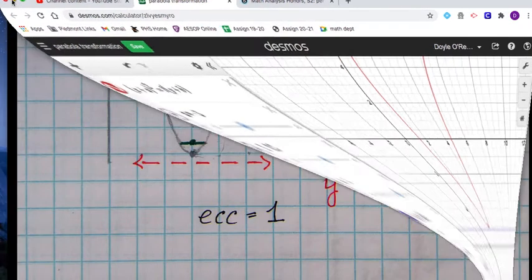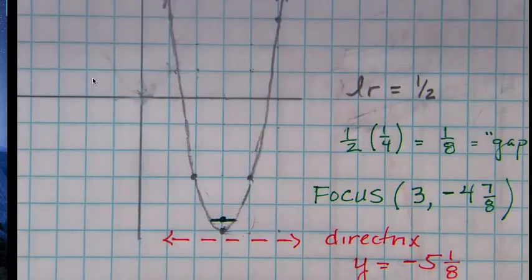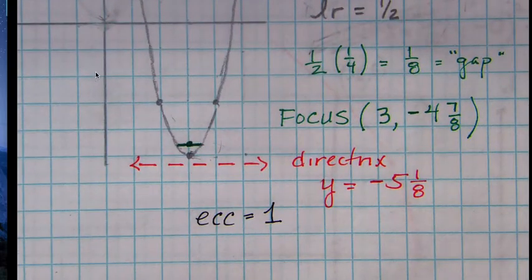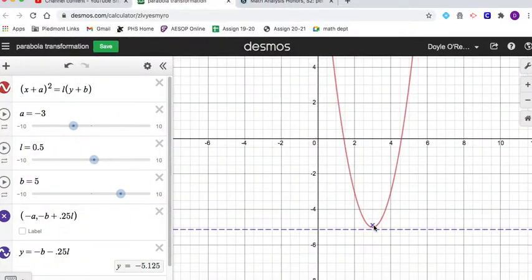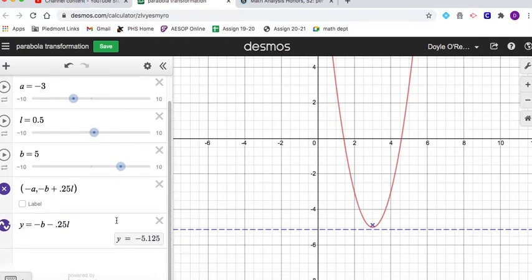what I had earlier. Okay, so this was my drawing, and so then we're going to check and see if the Desmos applet allows us to. So yeah, sure enough, right over here, the student who designed this did a nice job. They said, y equals negative 5 and 1/8.